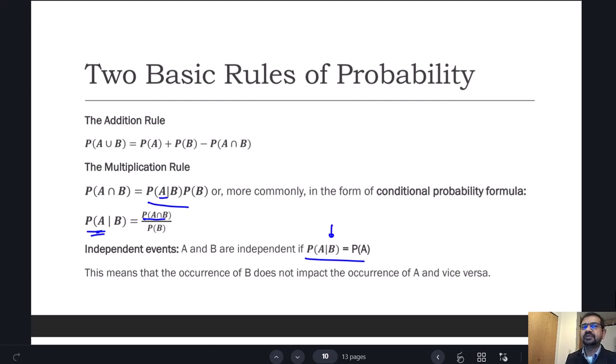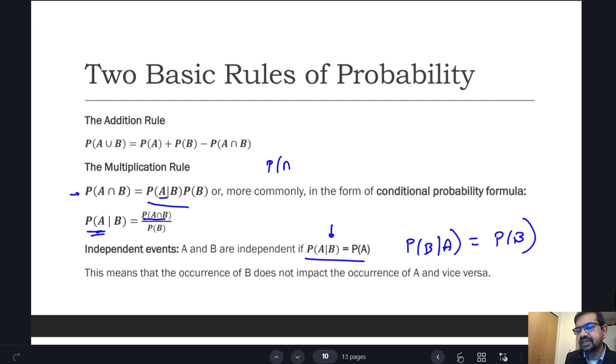And if A is independent of B, this implies B is independent of A. So we can also add that probability that B is independent of A is same as probability of B. So this kind of also takes a new application on the conditional probability times the intersection rule.